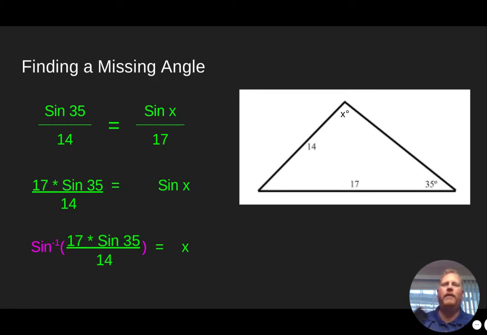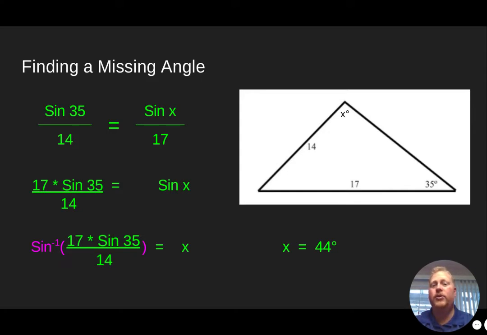So again, make sure you have the right kind of calculator. But you'll type in inverse sine, parentheses, 17 times sine of 35 divided by 14, end parentheses, and you should get 44 degrees. Okay? With an angle, I always round to the nearest whole degree, so 44 degrees.